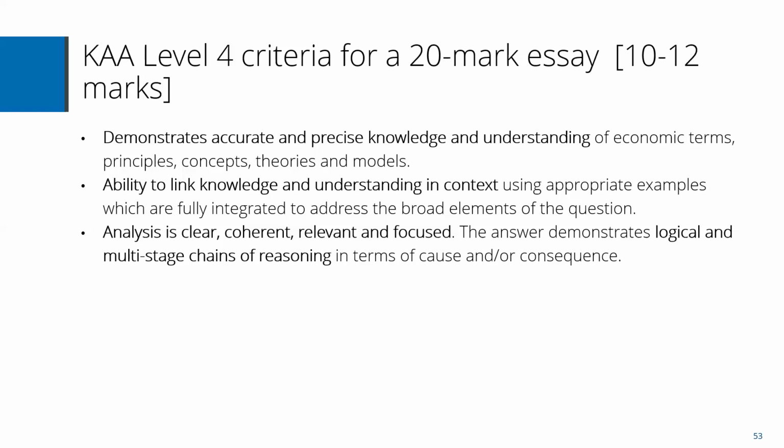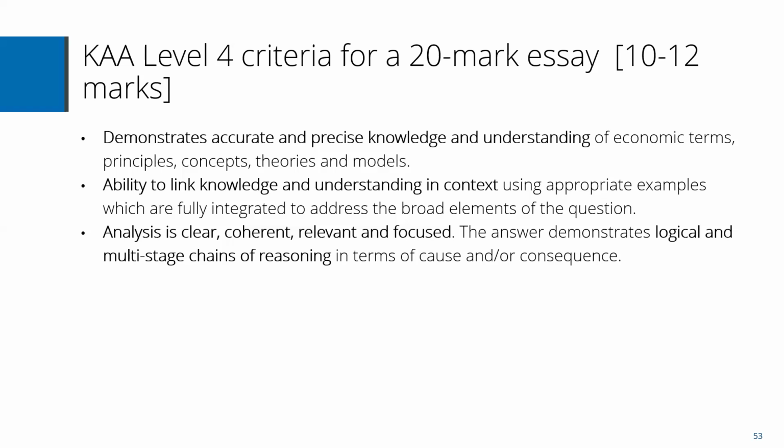So the first one, accurate and precise knowledge and understanding, is a key factor for students being able to show their knowledge and understanding. Linking that knowledge and understanding, putting it in context, shows that the student is able to fully integrate their ideas to answer the question, and that it's not a generic response.